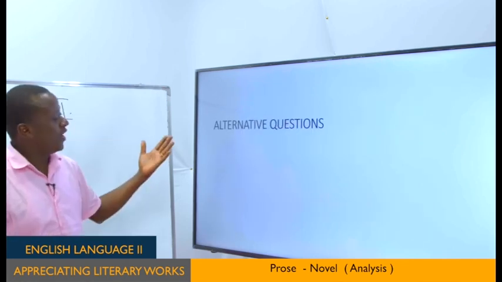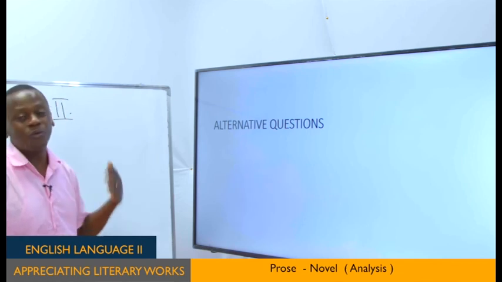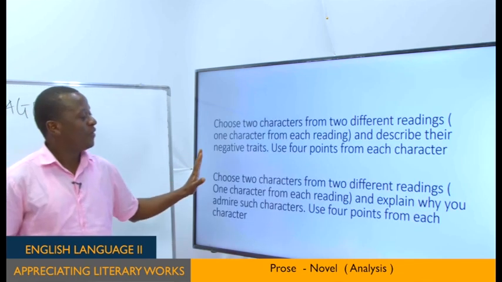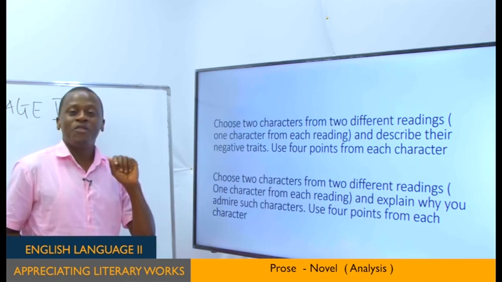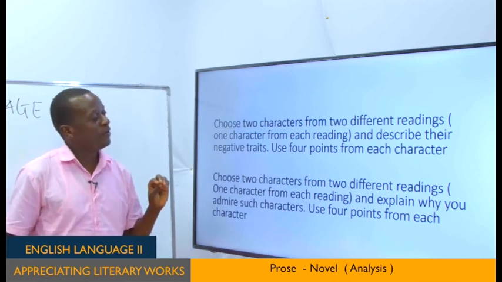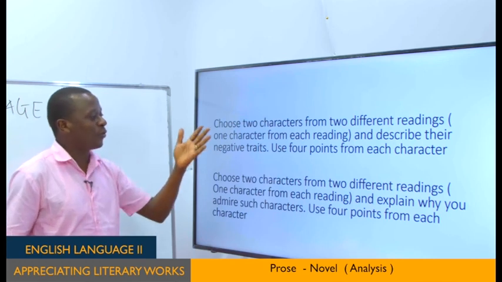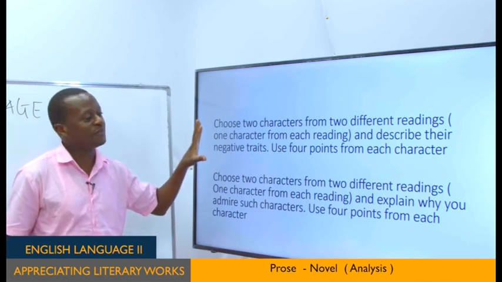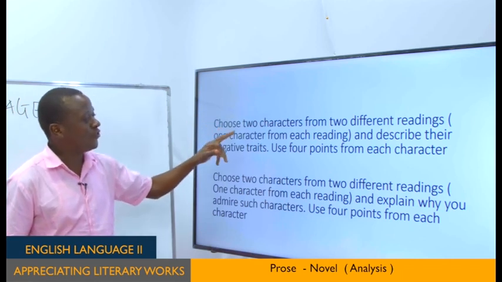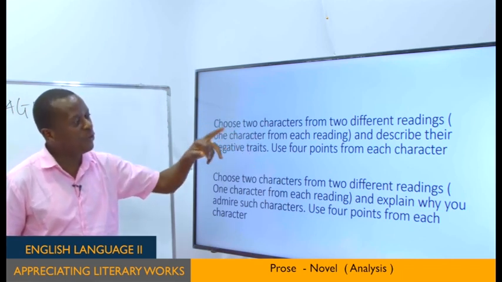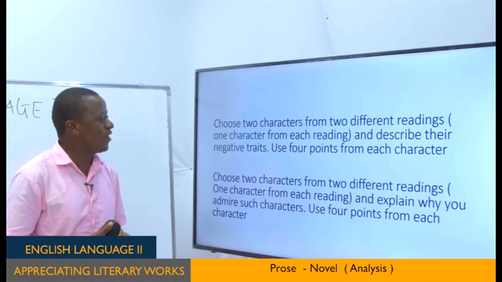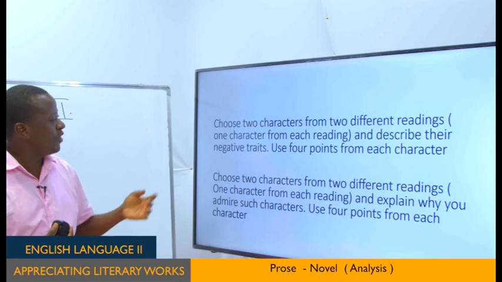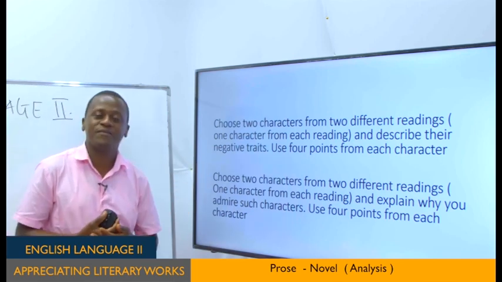Students, now let us look at the alternative questions. Now, remember, the first question we are doing was all about reasons as to why you dislike such characters. Now, look at this question: choose two characters from two different readings, one character from each reading, and describe their negative traits.